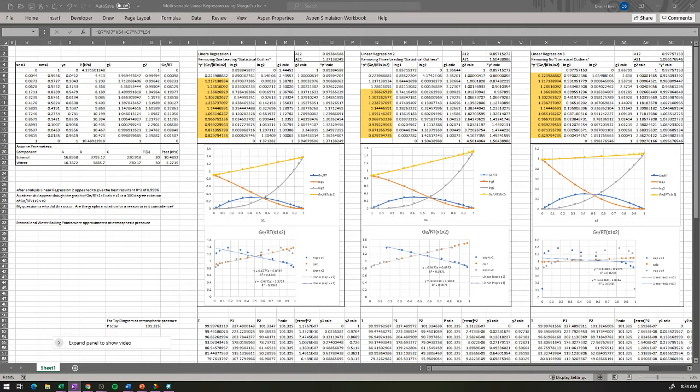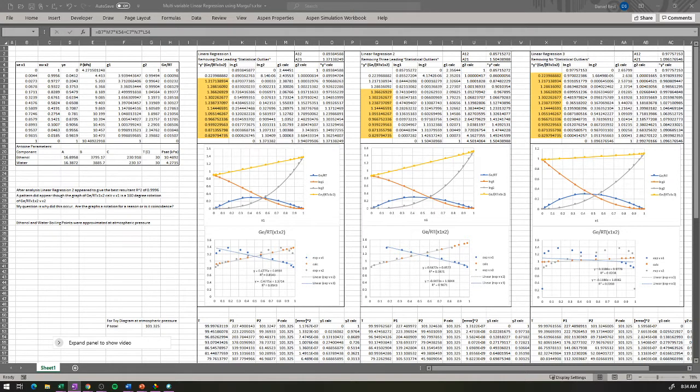Okay, and so p total is equal to the sum of the y sub i p total, which is obvious because the sum of the y's is 1.